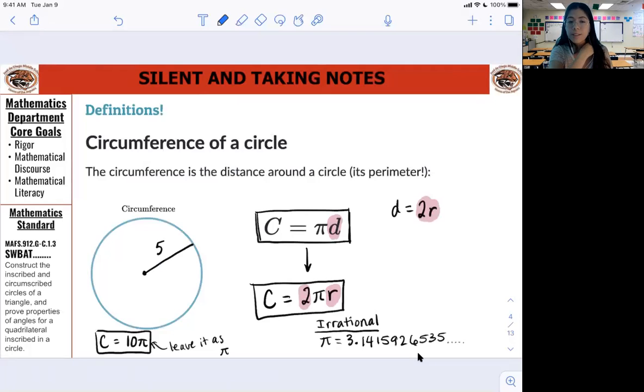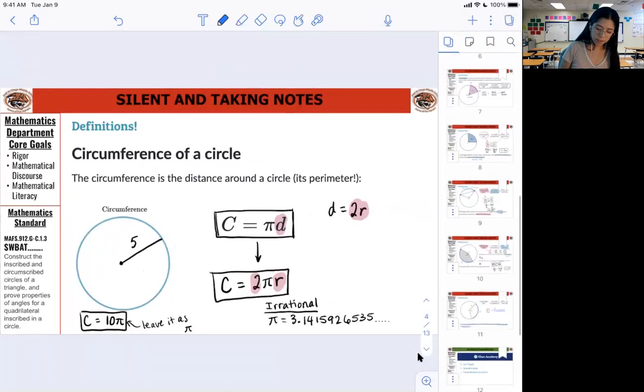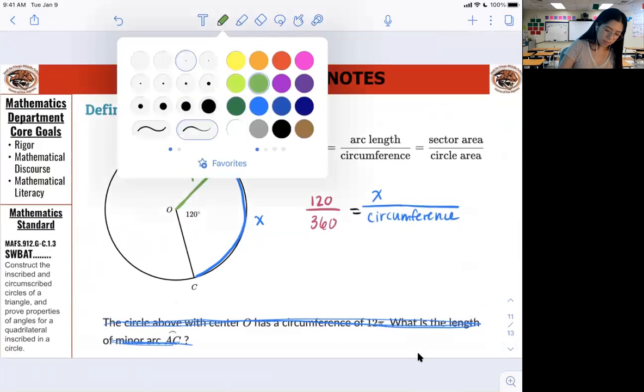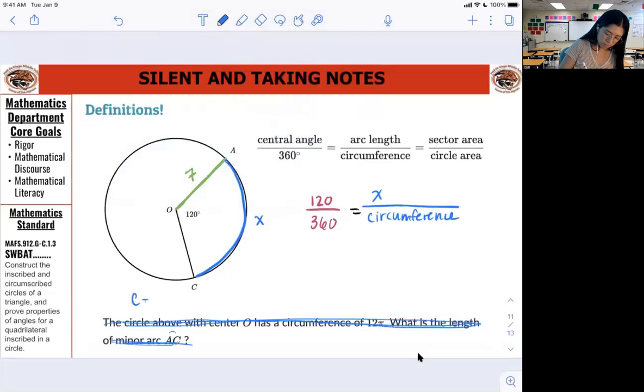The circumference, C equals 2 pi r. So let's go back. C equals 2 pi r. What would be the circumference? 14 pi. 14 pi. Now we have everything we need. 14 pi.